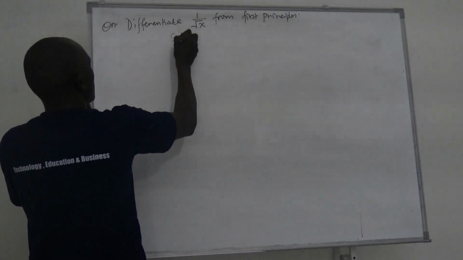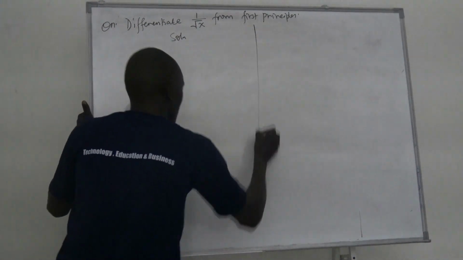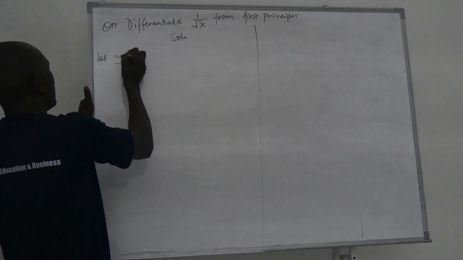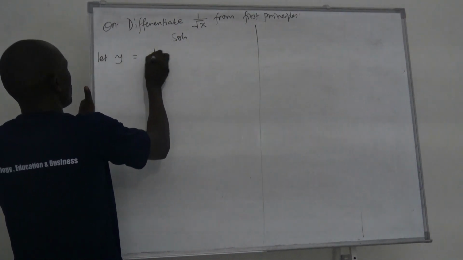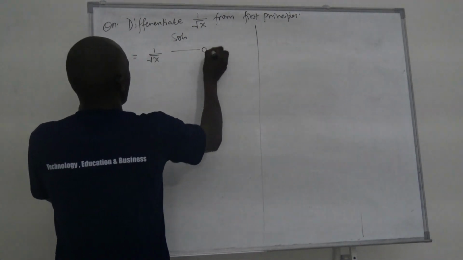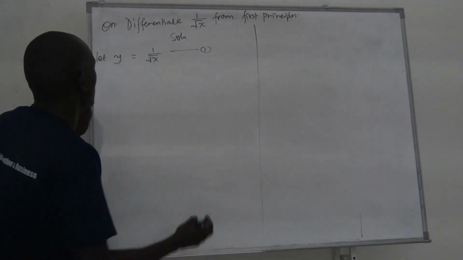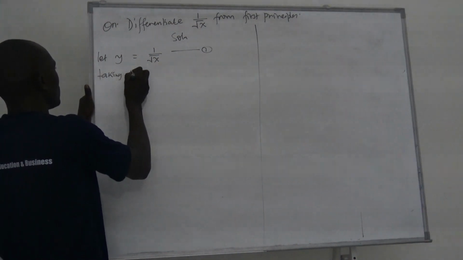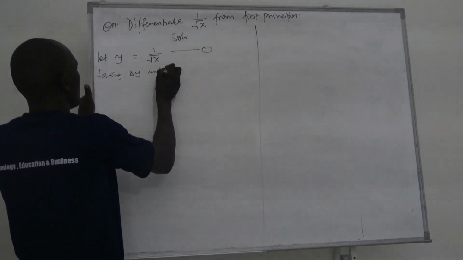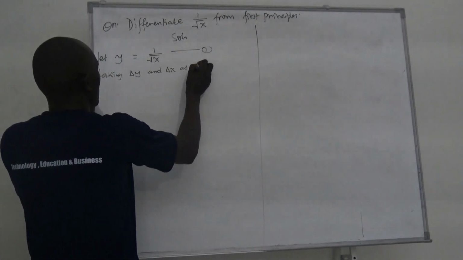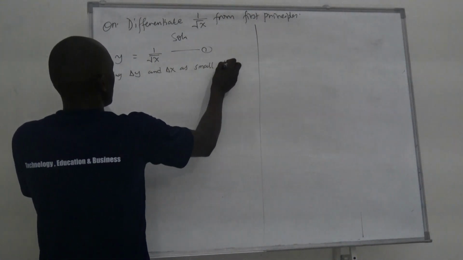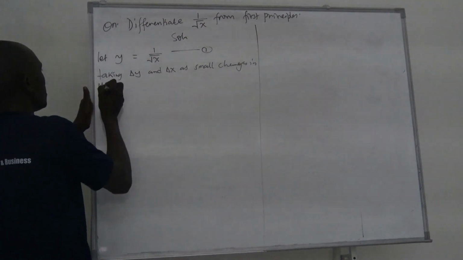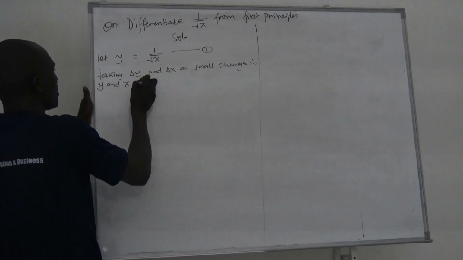So, the same procedures. We shall say let y equals 1 over root x. Say this is the first equation. Then we shall say, taking delta y and delta x as small changes in y and x respectively.